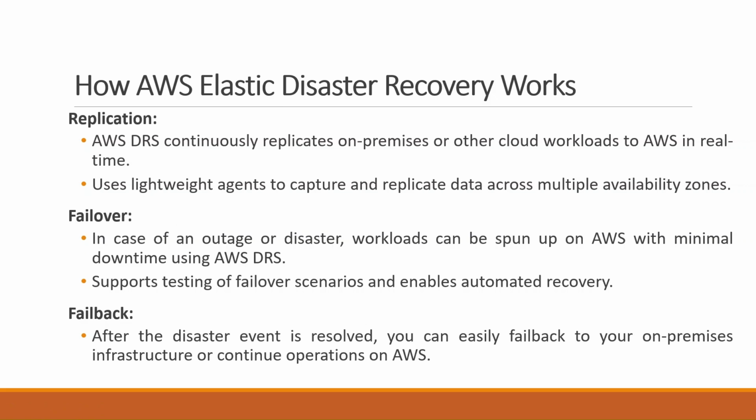It uses a lightweight software agent installed on your server to track and send data to AWS. This replication happens in the background, across multiple AWS data centers, which you can call availability zones. So your data is safe and ready for recovery at any time.